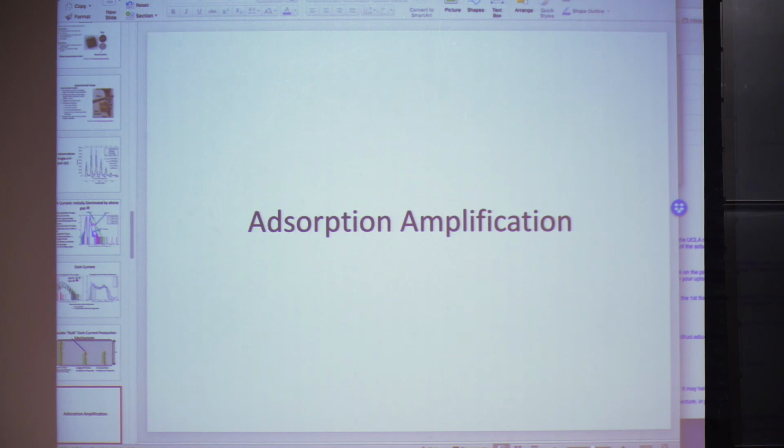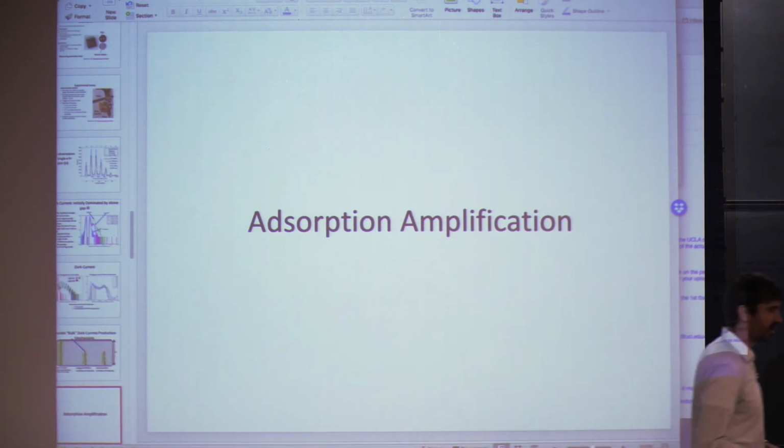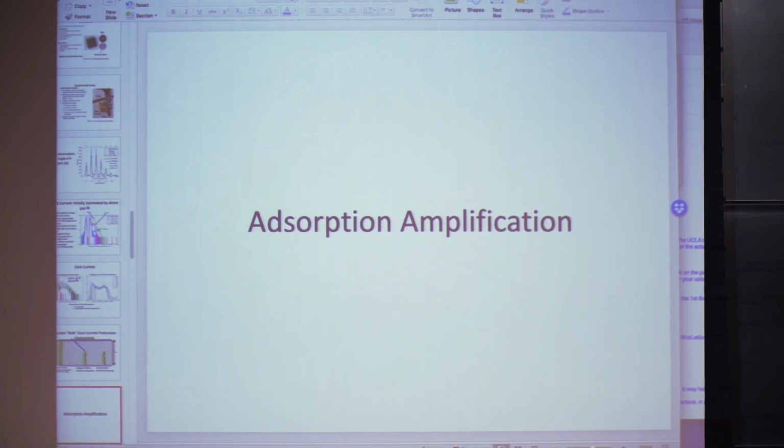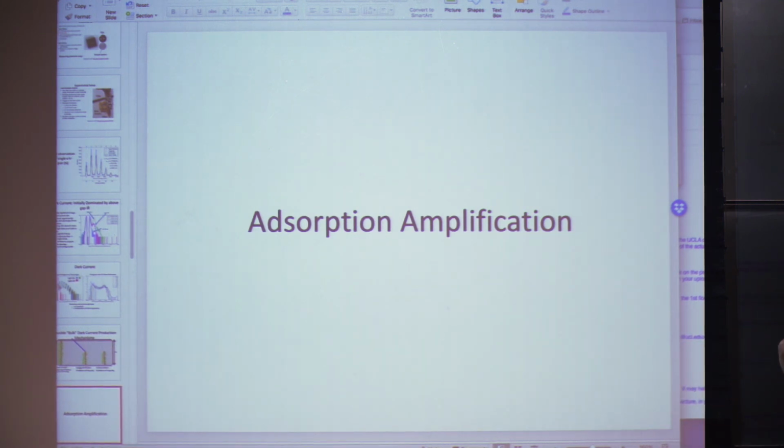OK, so that was my stuff. I want to talk about other ways that one can get amplification. We talked about CCDs in the last talk. In Sensei, we talked about how they get their sensitivity. It's not by amplification at all. It's just by taking that single electron hole pair and putting it on a very low capacitance sensor.